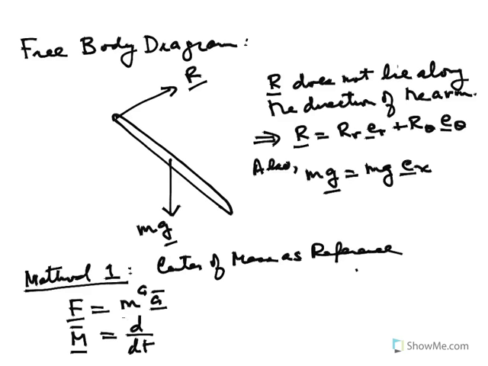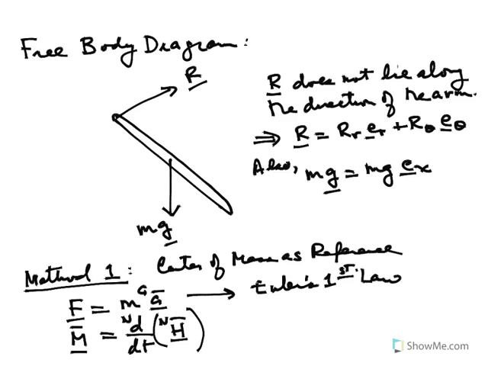And we're going to apply the moment balance relative to the center of mass, the form of Euler's second law relative to the center of mass. So here we have Euler's first law, and here we have Euler's second law.